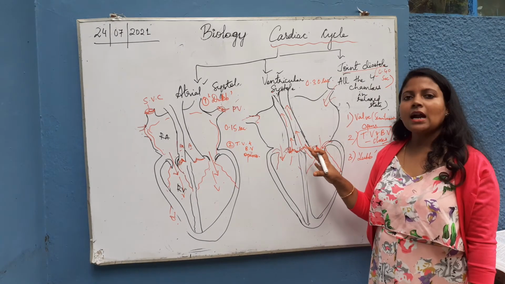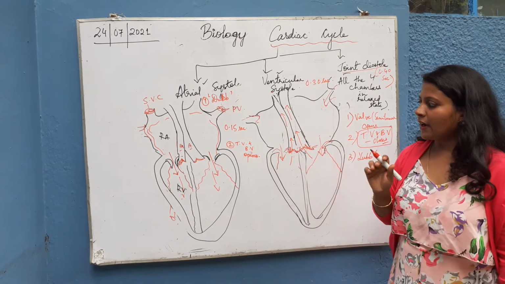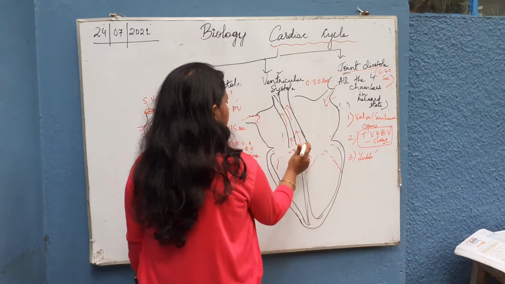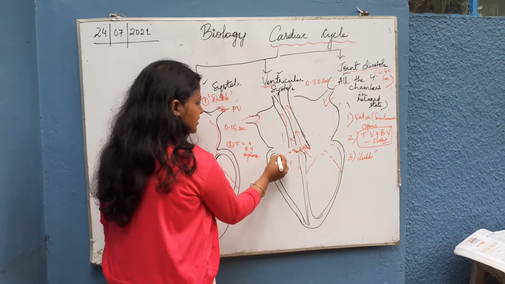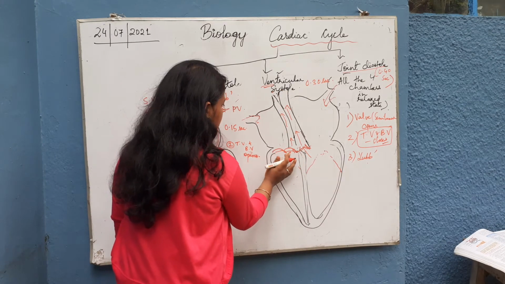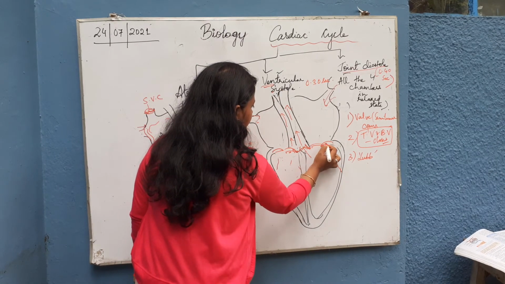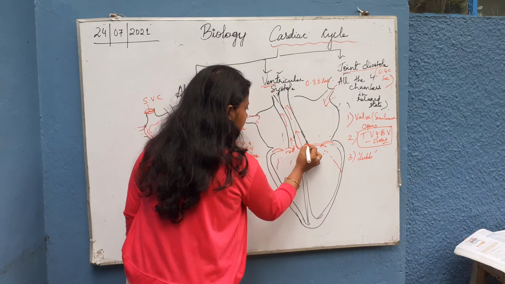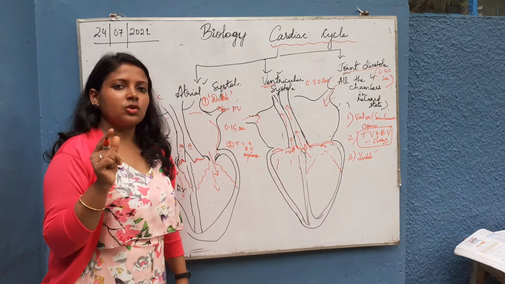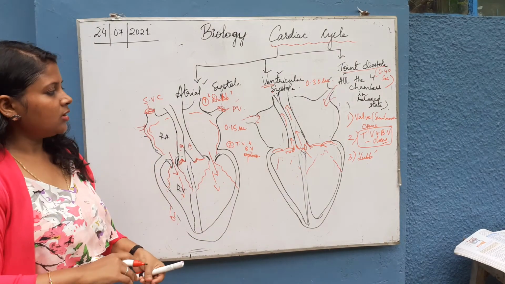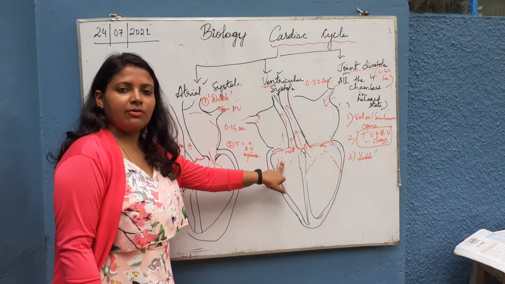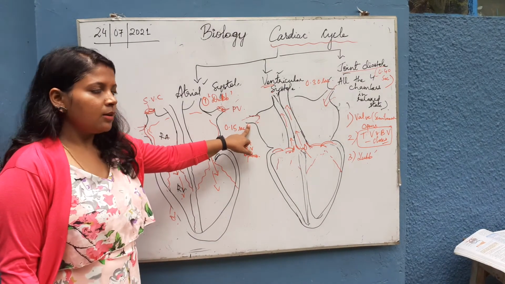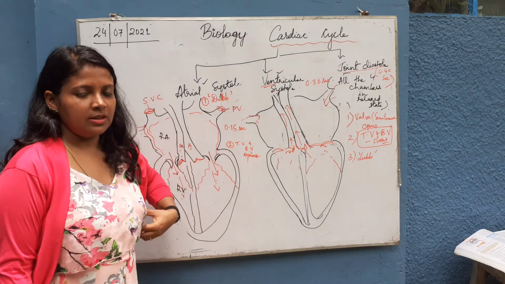This means the heart has to be filled. So finally, you'll be confused here. I am talking about ventricular systole. Here the valve will be closed and the tricuspid valve will be closed, and here it will be open. I was mentioning that in joint diastole, the tricuspid valve and bicuspid valve will open, and the superior and inferior vena cava open because the heart has to fill up with blood.